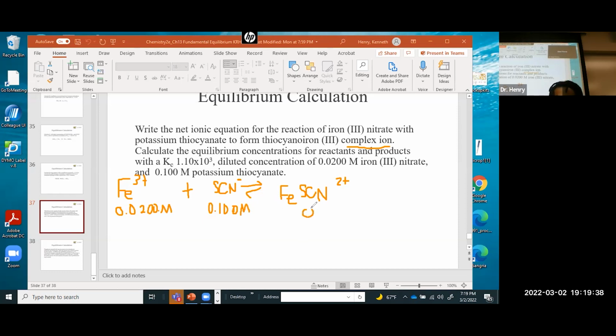And this is going to be 0 initially. This is I, this is C, this is E.